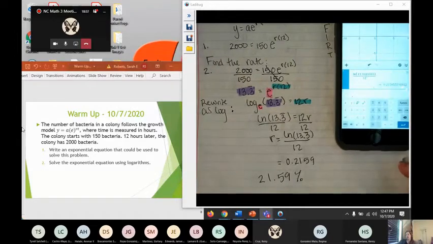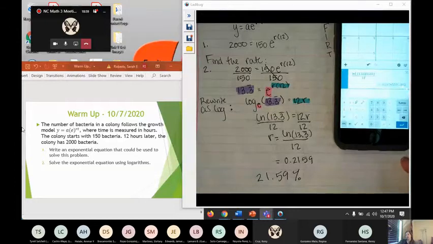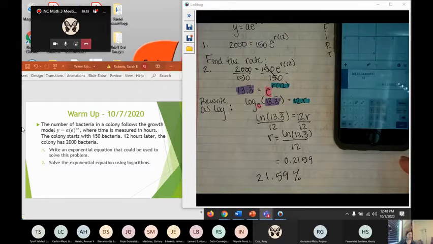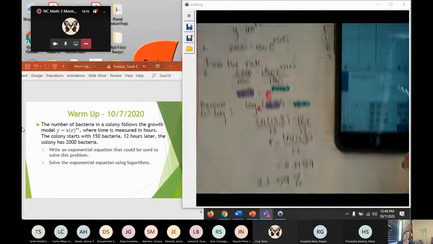Okay, so we set up our equation using the given formula and the information that we had, and then we found the rate by rewriting our exponential function as a logarithm. What questions do you all have about that process? I think there probably should be a lot of questions about the process. So if you have a question, please ask.